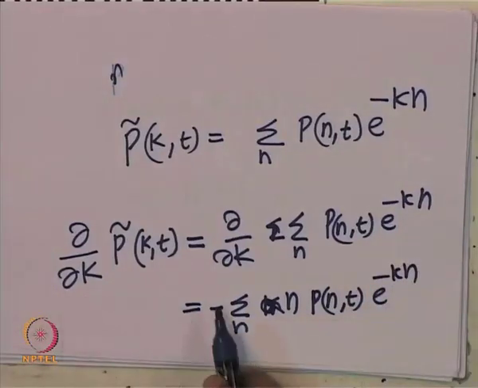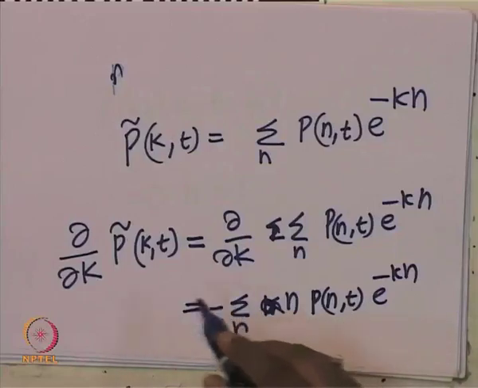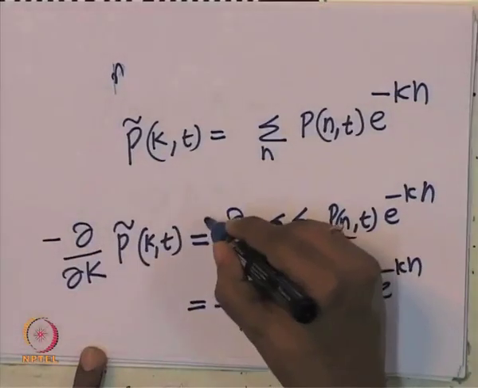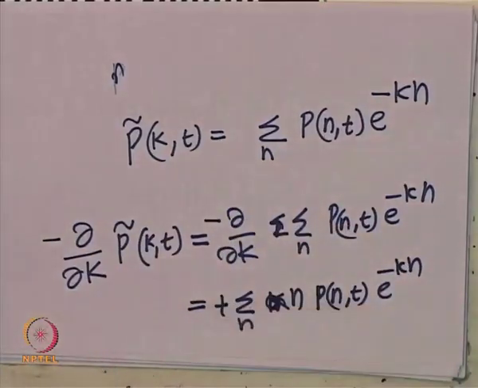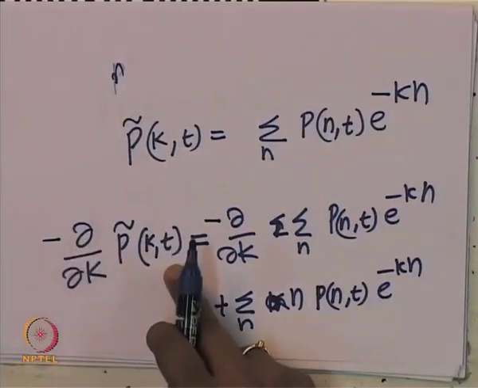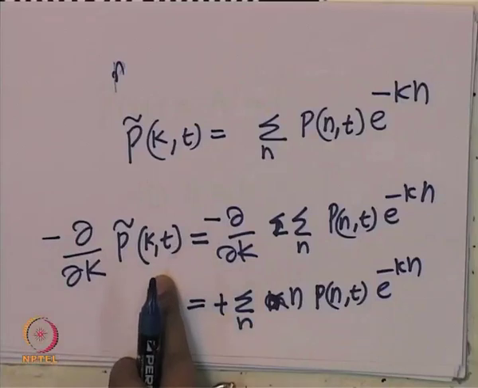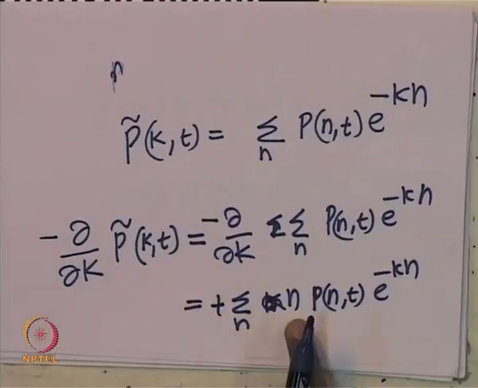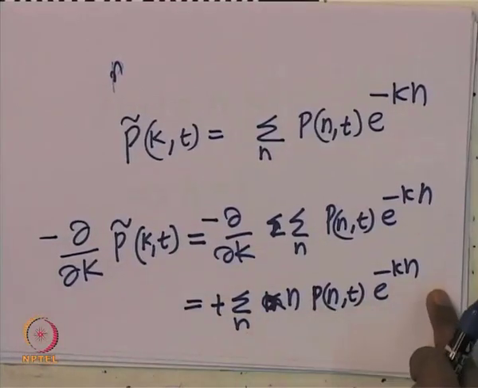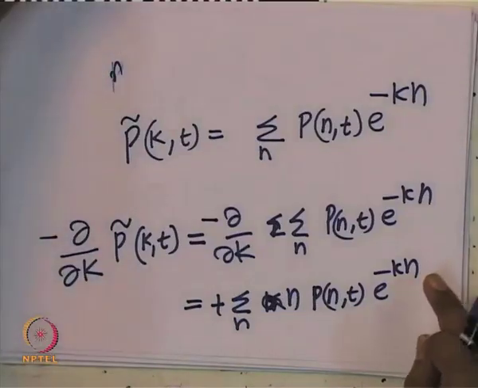So, one derivative with respect to k will give you this. Now, if you put a minus sign on this side, this will become plus. So, what you find is that minus del by del k of p tilde of k comma t is the sum over n of n p of n comma t e power minus k n.